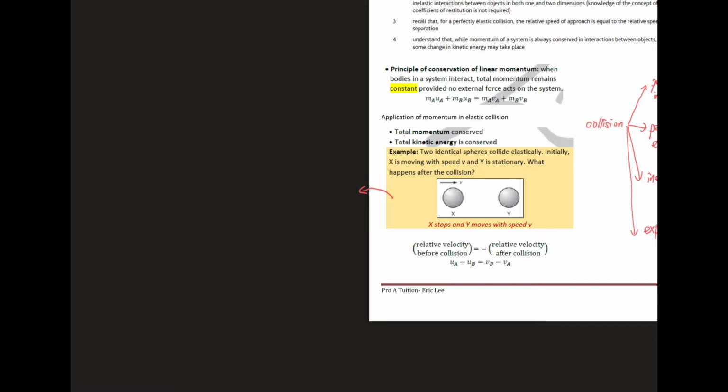Before collisions, the total KE is equal to 1/2 mv squared plus 1/2 m0 squared. So what happened here is object X, velocity V. Object Y, it is stationary. So that's why the velocity is 0.